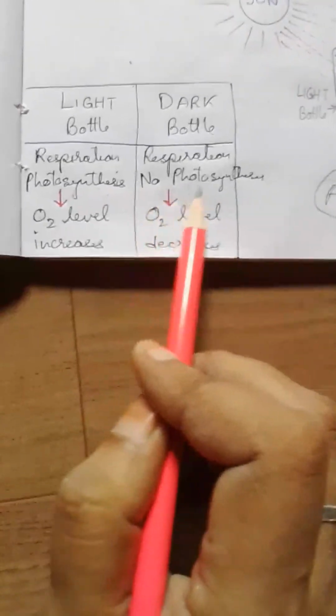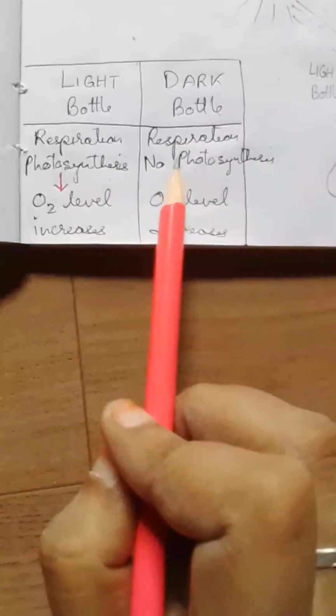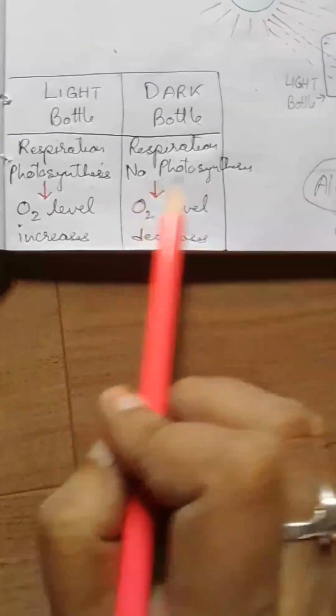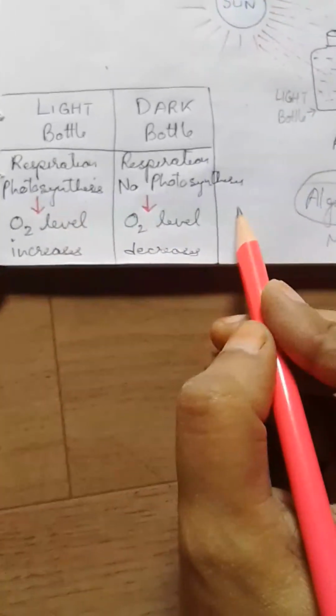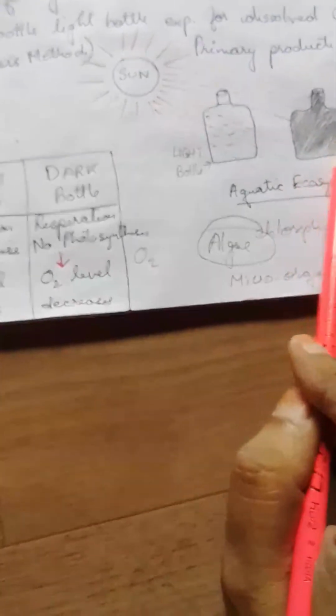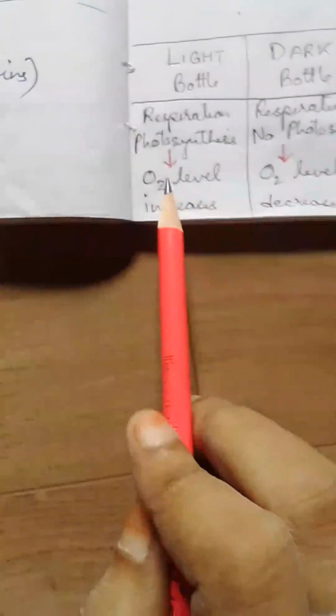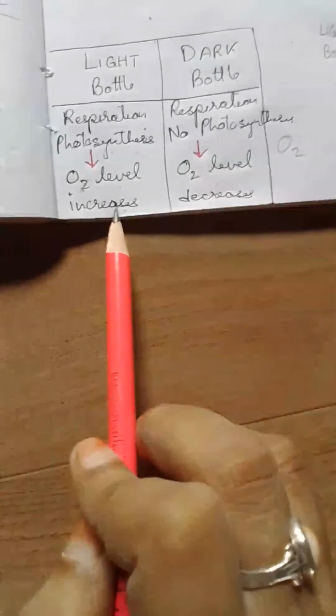And since photosynthesis requires sun rays, in the dark bottle there are no sun rays, so there will be no photosynthesis, only respiration, and respiration actually consumes oxygen. It takes in oxygen, so whatever amount of oxygen was present, it will decrease. While in the light bottle, because of photosynthesis, oxygen level increases.